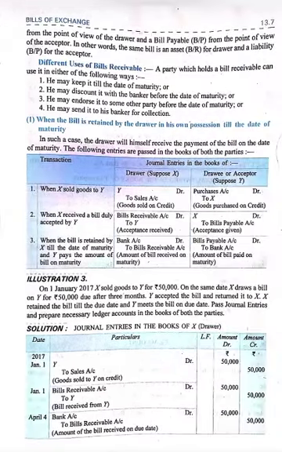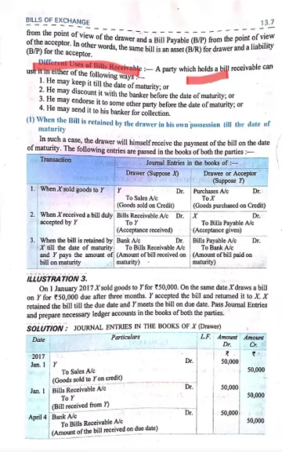Before starting the accounting treatment, I just want to tell you that there are some different uses of bills receivable. A writer who is writing the bill, after getting the acceptance from the other party, can use four types of methods for a bill of exchange. Number one, he can keep the bill till the due date, the date of maturity.